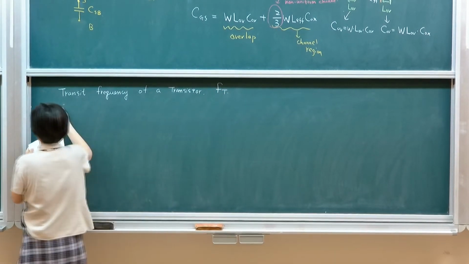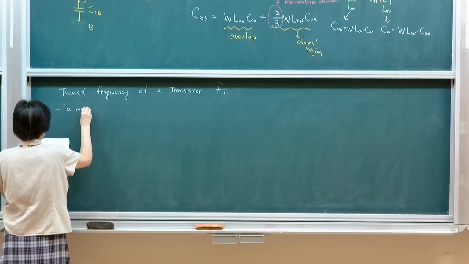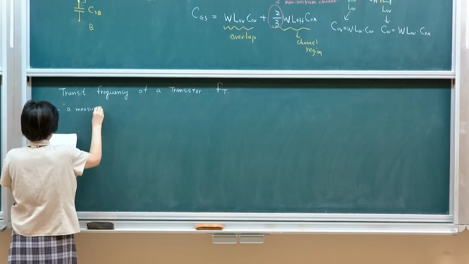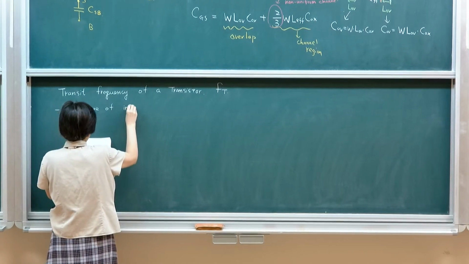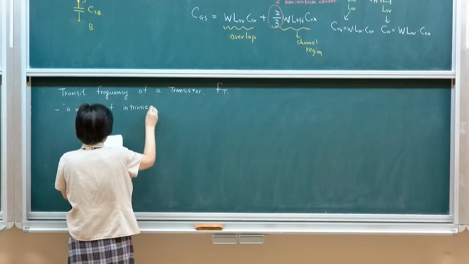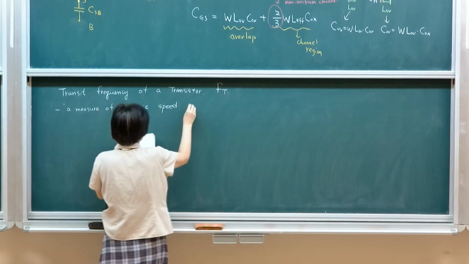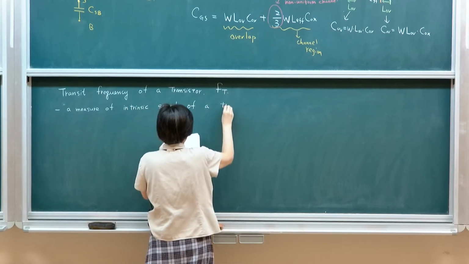So this is a measure. What's the transit frequency a measure of? Intrinsic speed. So it's independent of circuit. It's the speed or the maximum bandwidth it can drive itself, the ultimate speed of a transistor.